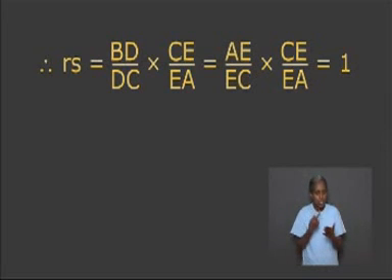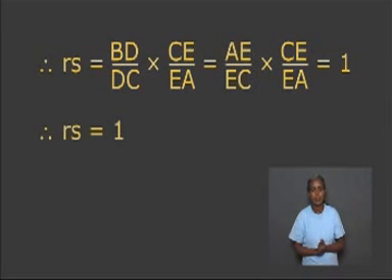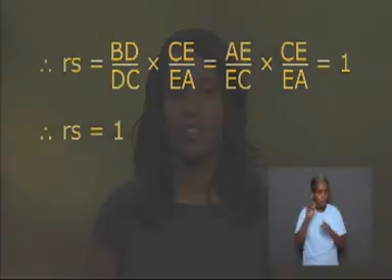This is equal to the ratio of AE to EC times the ratio of CE to EA. This in turn is equal to 1. Therefore, we have proved that RS equals 1.